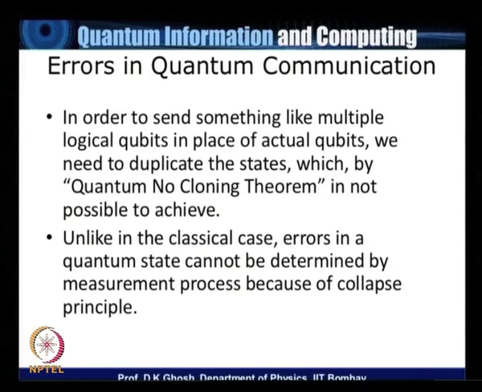The other thing which makes the problem a lot more serious is that, unlike in the classical case, where the receiver does a measurement, looks at the bits and says that I haven't received what I wanted. Whether the receiver physically does that or a machine does it is unimportant. But there is something or somebody who will be looking at the bits that are sent, examining them and trying to find out the correction.